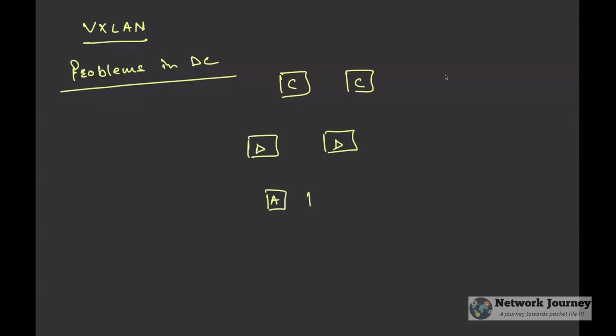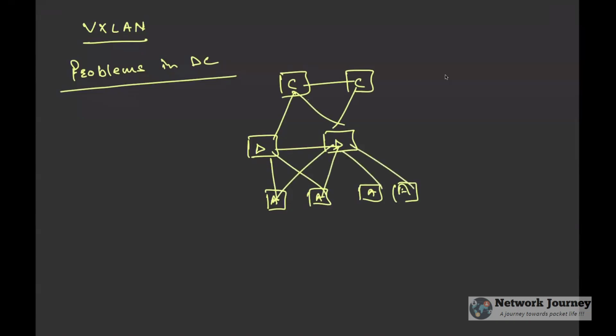Here, either you will have the layer 3, layer 2 boundary at your distribution layer, or it can be at the core layer as well. So this is the three-tier architecture.